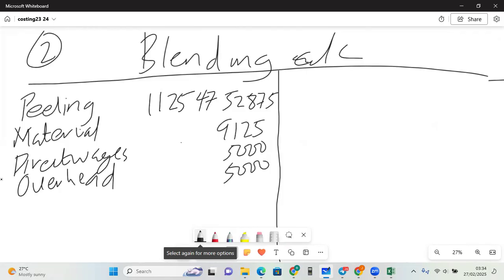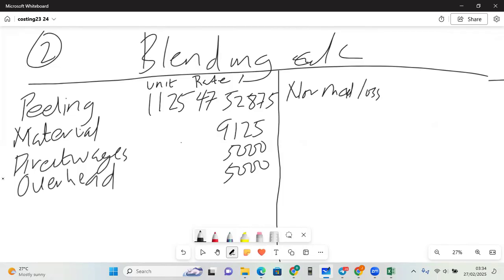Yeah. Now what we have to do is check the normal loss. Now the normal loss. Remember when you are doing it in exam, the unit, rate, amount, right? All right.